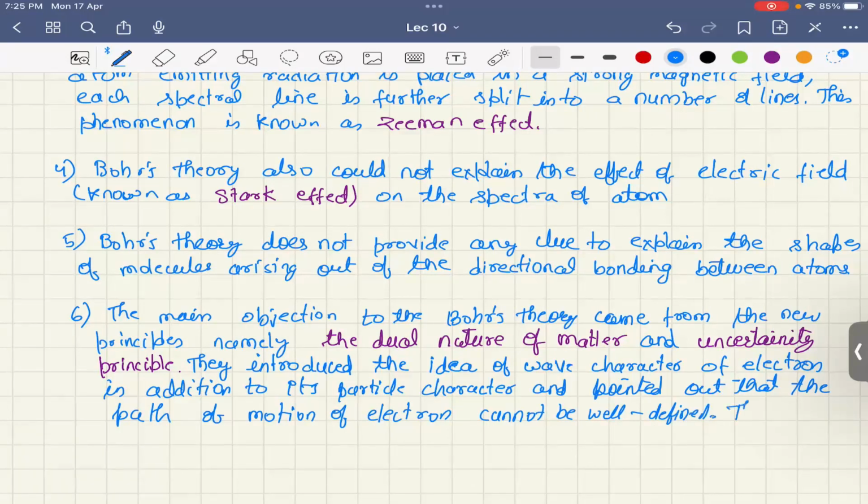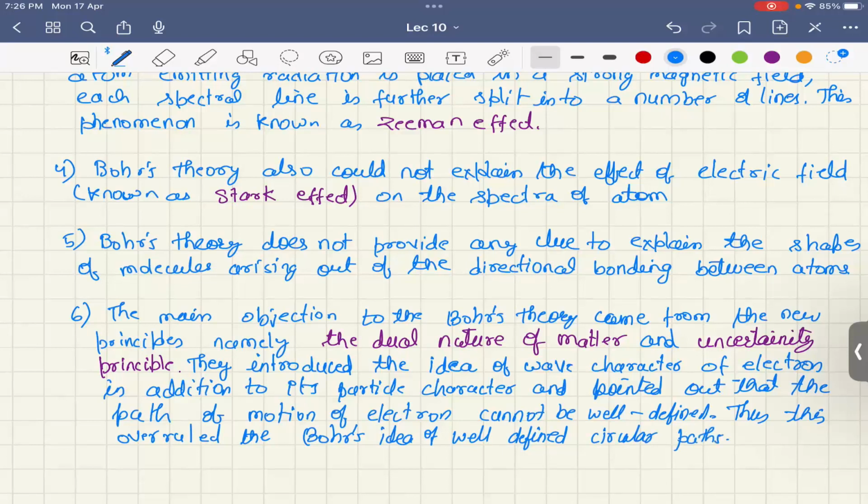Thus, this overruled Bohr's idea of well-defined circular paths.